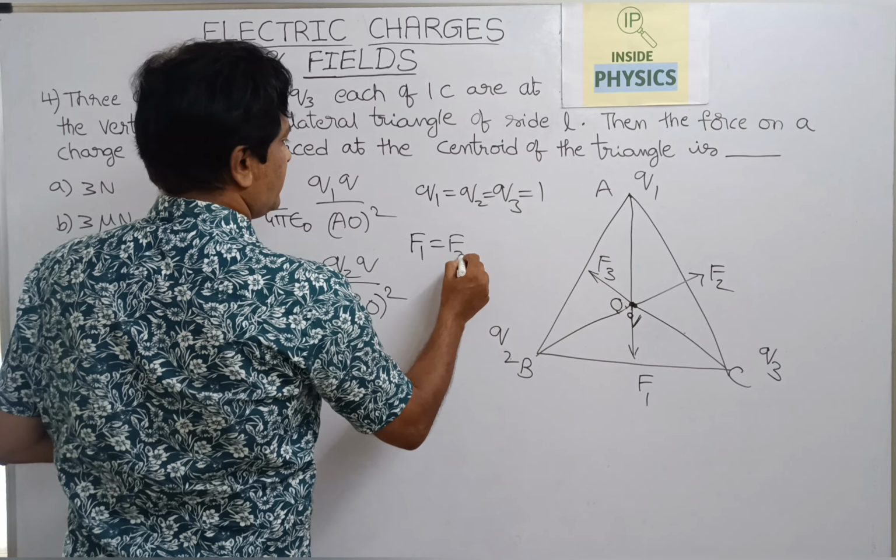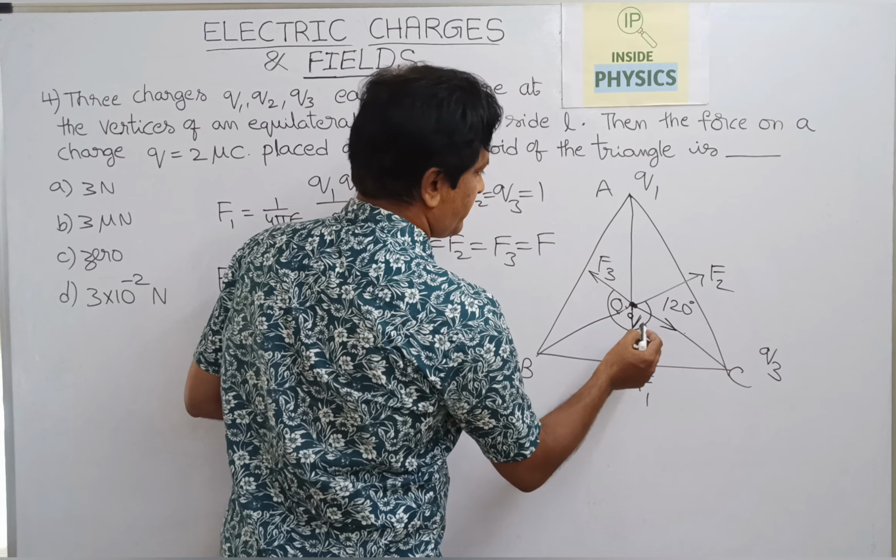So if you take the resultant of these two forces F1 and F2, how to get the resultant? If this is the force F1 and this is the force F2, let us assume the resultant will be in this direction. And what is the angle between these two forces F1 and F2? This is 120 degrees according to properties of triangles, and this is also 120.